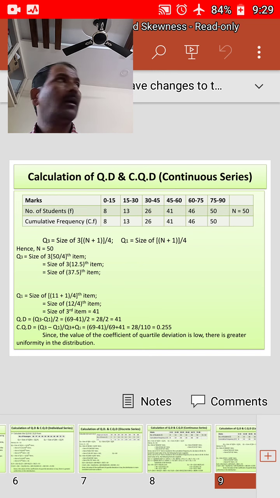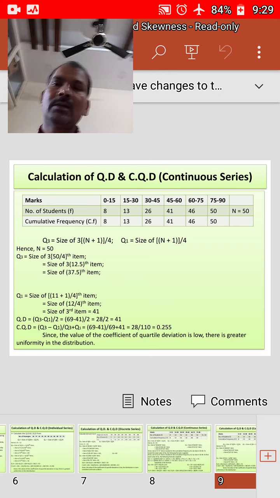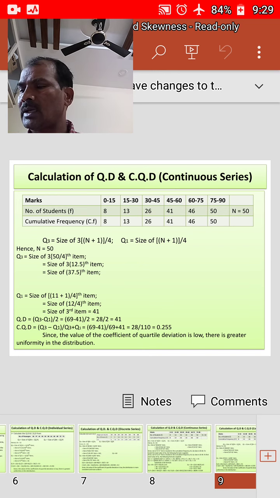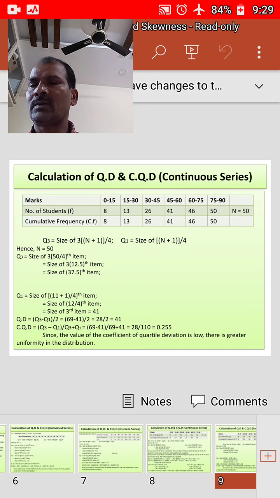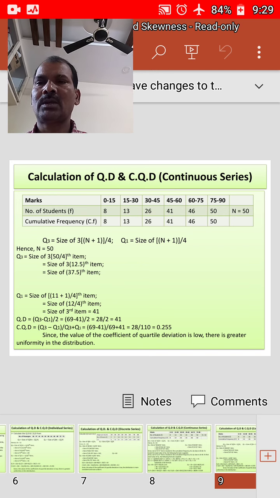According to what is given, here 18-21 is given. From the lower limit we need to subtract 0.5 and to the upper limit we need to add 0.5. In such a manner we convert the data given in the inclusive method into the exclusive method.